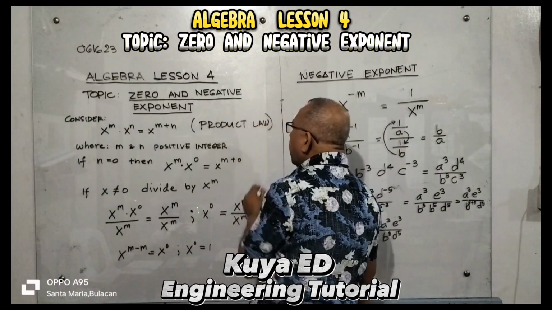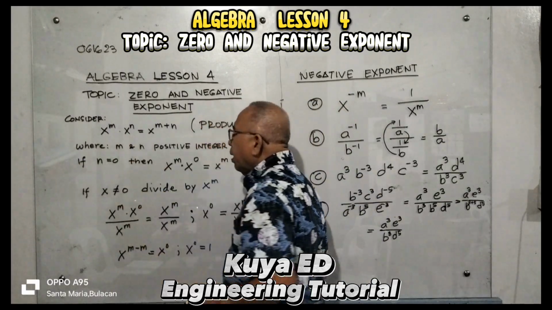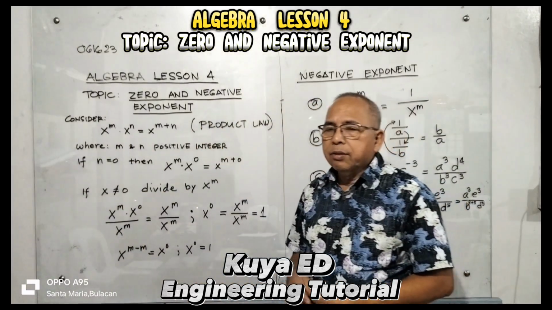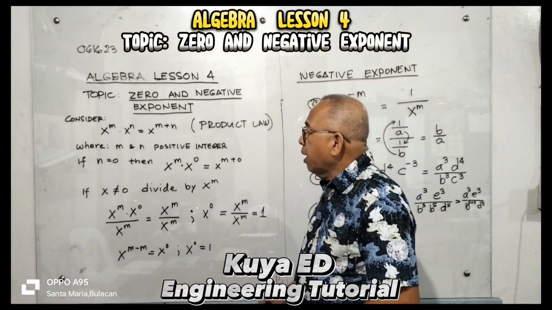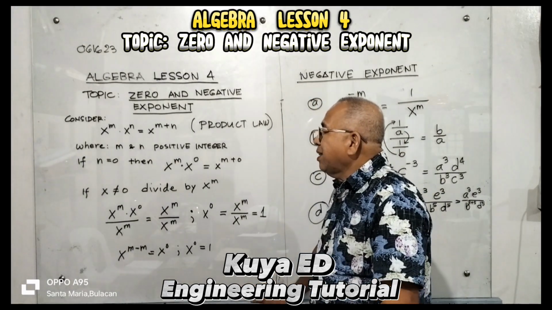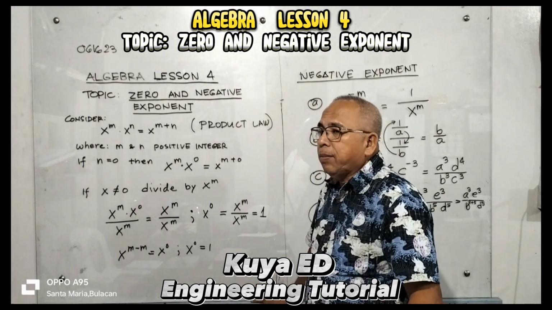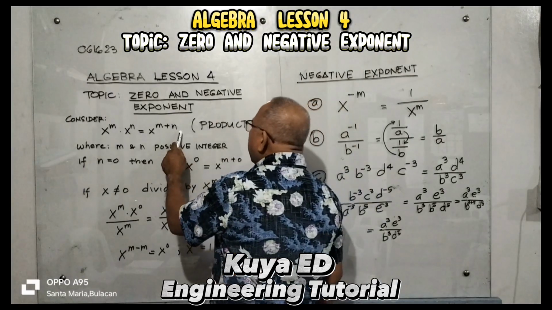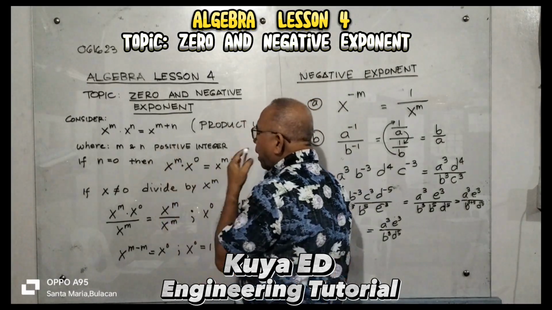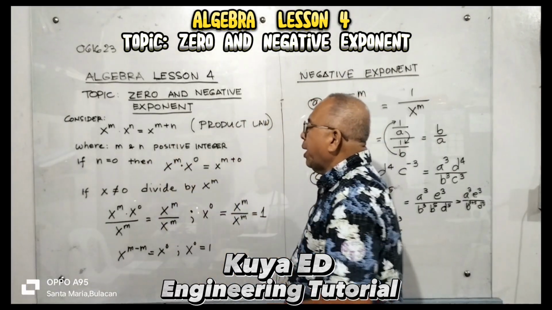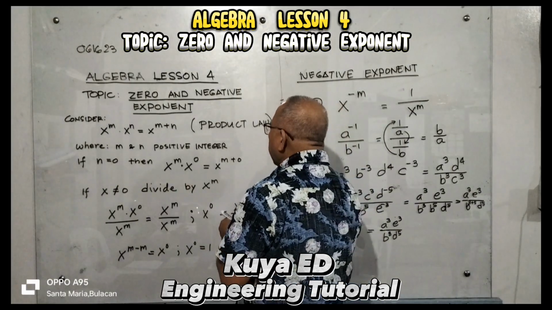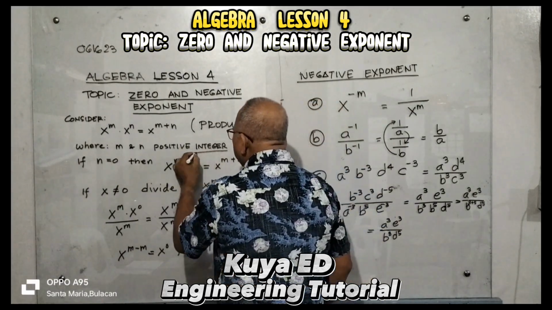Sa product law, ating sinabi na ang x to the m times x to the n is equal to x to the m plus n. So, i-add lang natin yan, where m and n are positive integers.